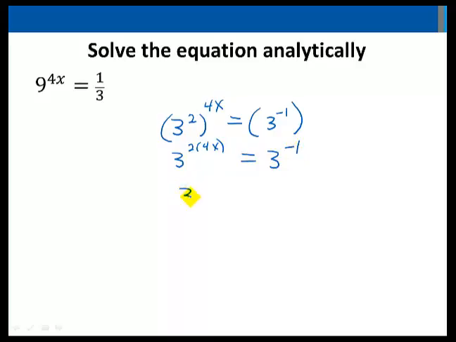And so I'll have 3 raised to the power 8x equals 3 raised to the power of -1. So 8x is going to have to be equal to -1. If the bases are the same, the exponents have to be the same. And so x will equal -1/8 here.